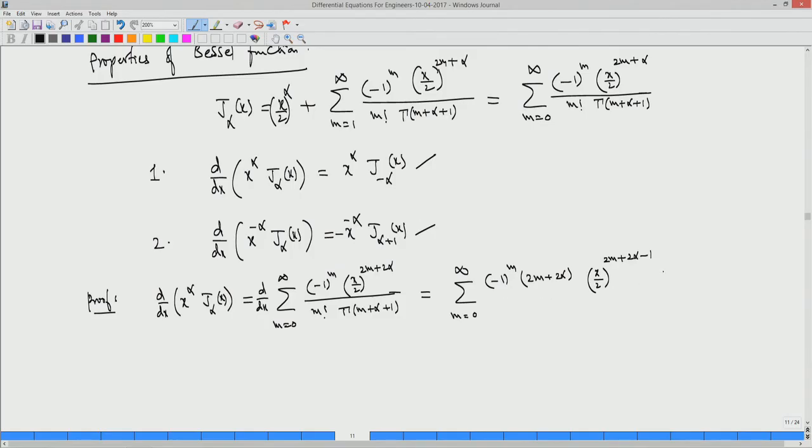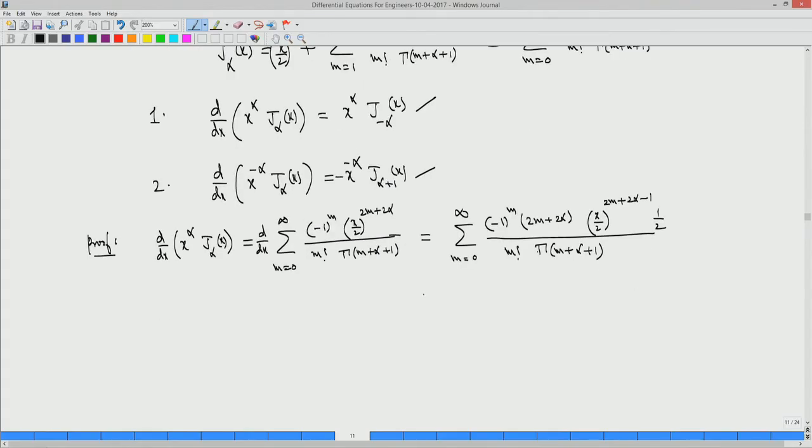The derivative of x by 2 is simply 1 by 2, divided by m factorial gamma of m plus alpha plus 1. So, take this x power alpha out.